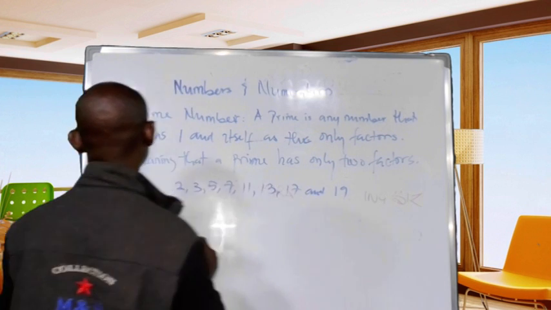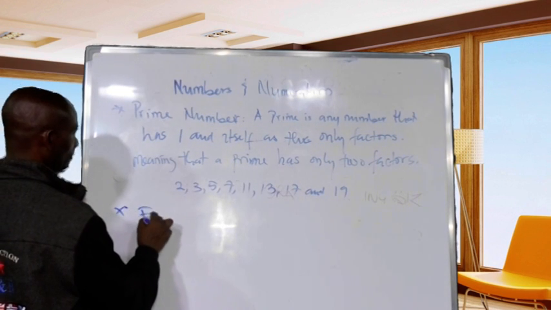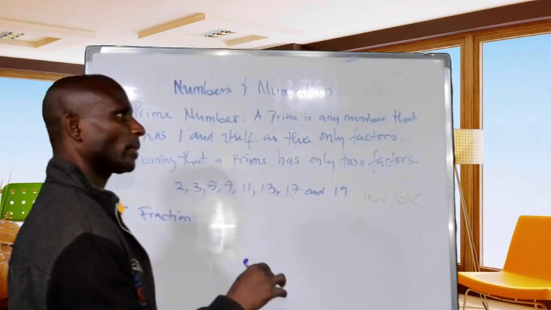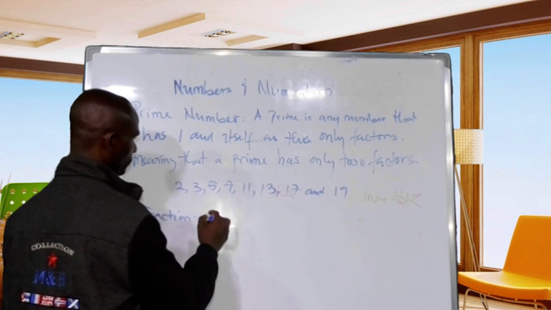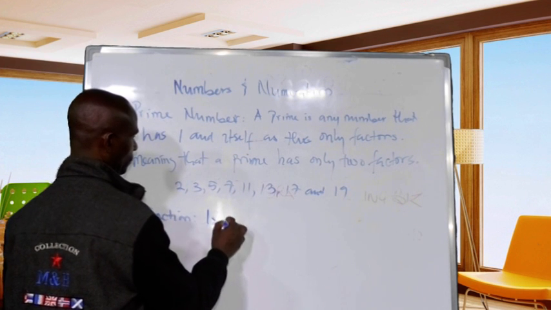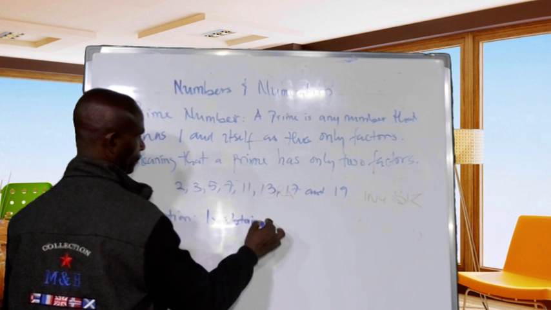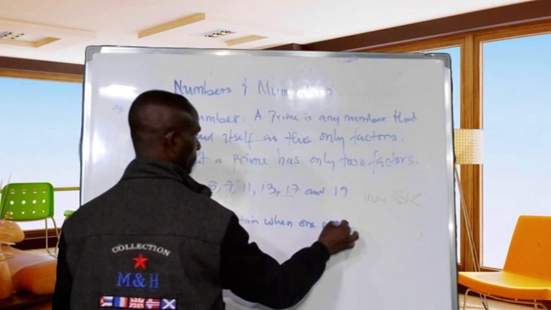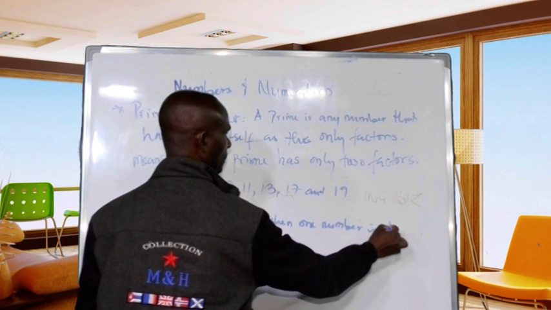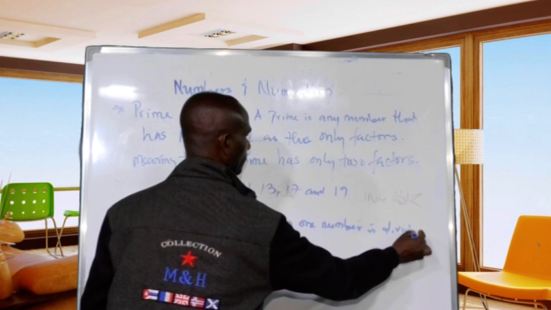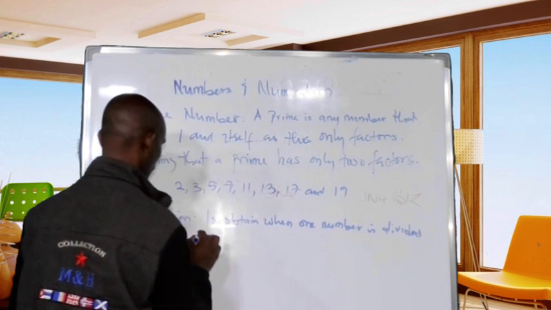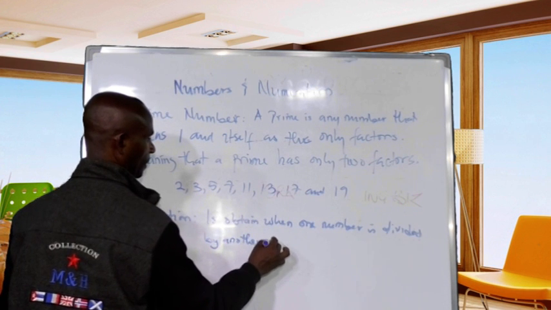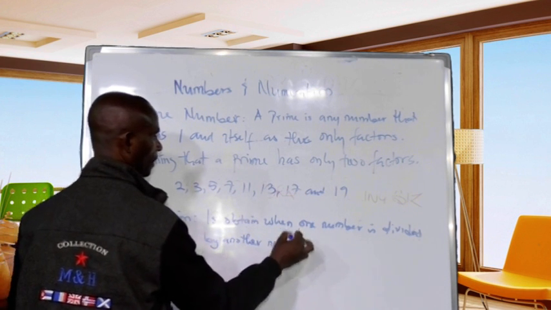Fractional number. So the next number here is fraction. Fraction is obtained when one number is divided by another number.